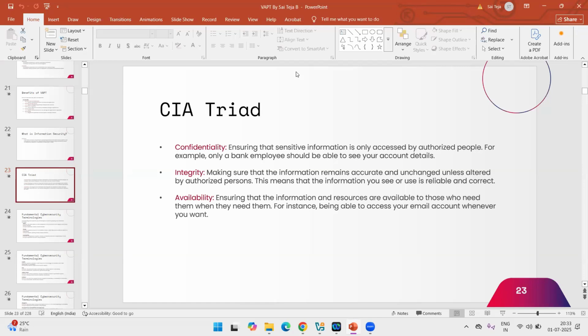So every organization, when creating security policies, designs them by keeping these things in mind: confidentiality, integrity, and availability. Got it. They always need to think, okay, there is data.